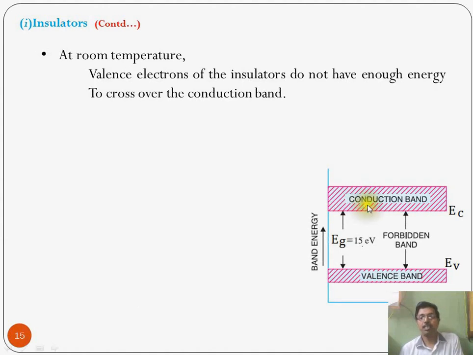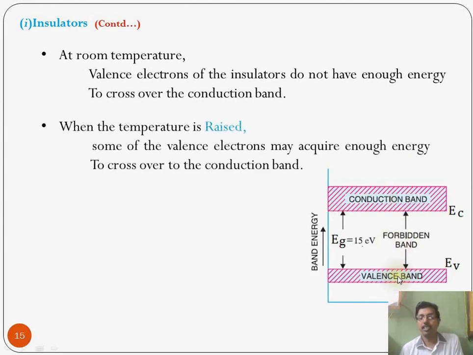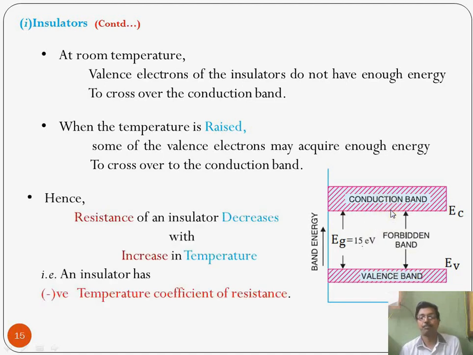At room temperature, the valence electrons of insulators do not have sufficient energy to cross over from the valence band to the conduction band. When the insulator is subjected to a temperature greater than room temperature, some of the electrons in the valence band acquire sufficient energy to cross over to the conduction band. So the resistance of the insulator decreases with an increase in temperature.